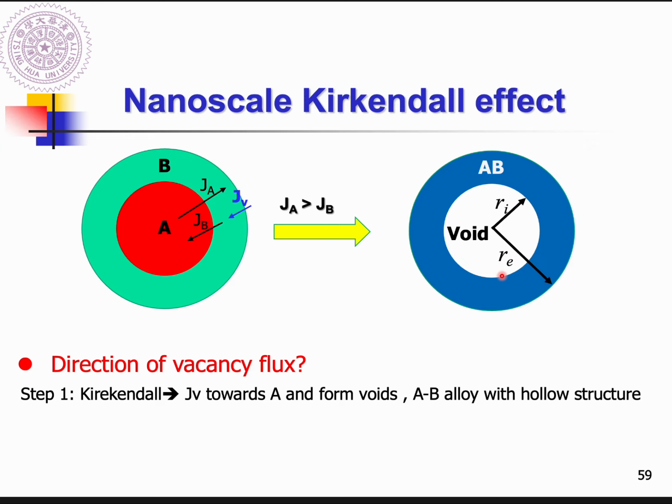But under this situation, if you still heat these materials up and allow diffusion to happen, what happens next? Under this situation, there's no concentration variation of atoms A and B, so no chemical potential gradient. We didn't apply an electrical field, so there's no EM.